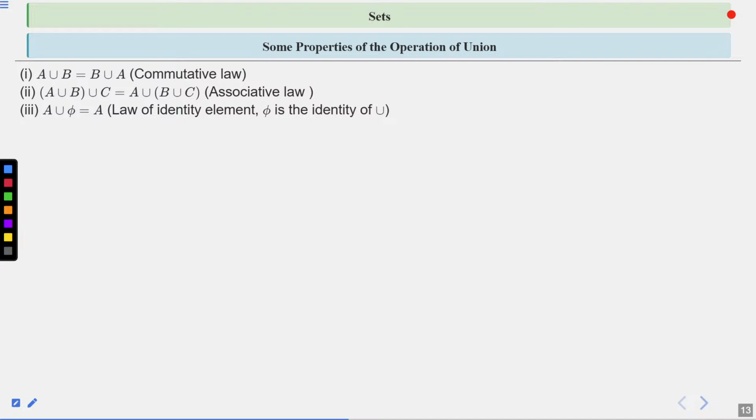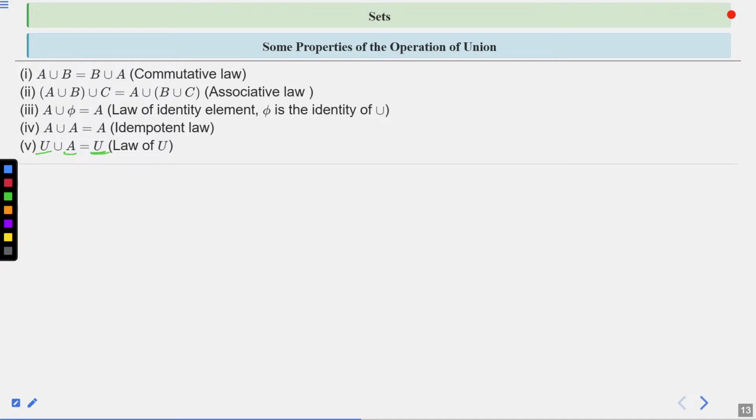Now, law of identity. In this case, A union empty set is simply your set A. Now, idempotent law. A union A itself is simply A. Universal set union A will be your superset, which is U.